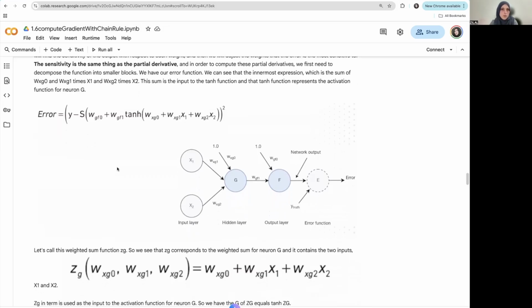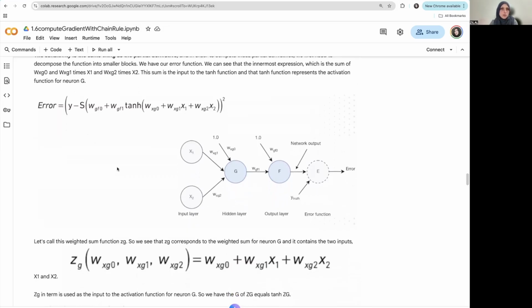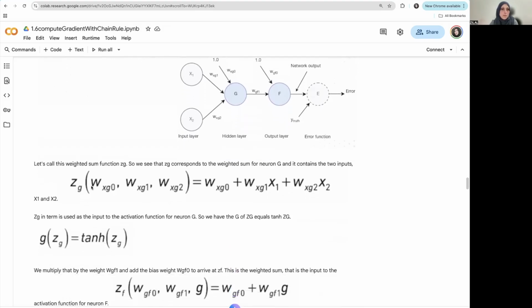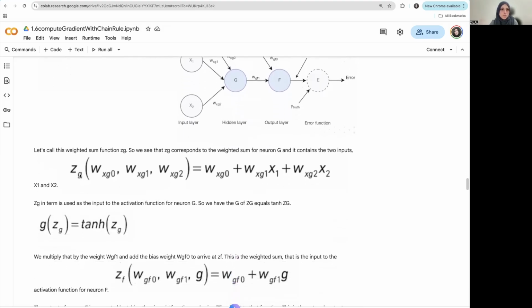We have our error function. We can see that the innermost expression is the sum wxg0 plus wxg1 times x1 plus wxg2 times x2. This sum is input to the tanh function, and the tanh function represents the activation function of neuron G. Let's call this weighted sum ZG.